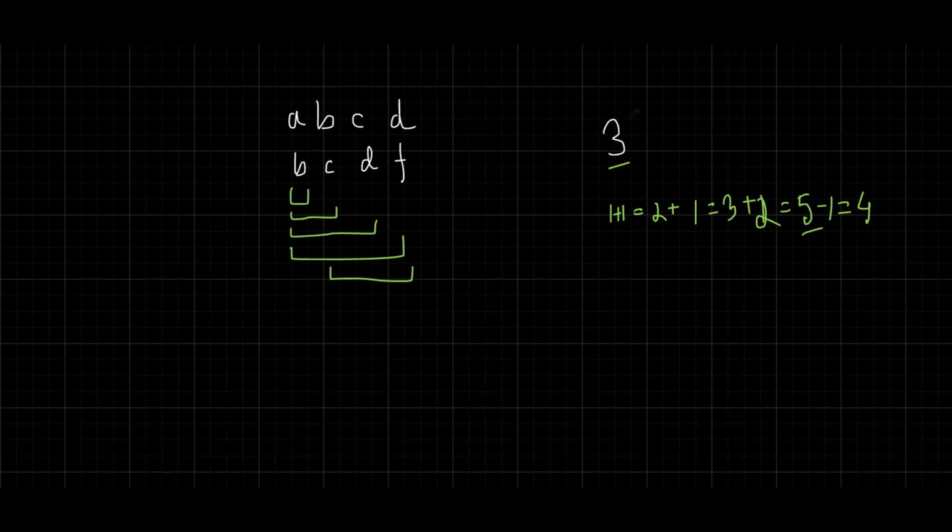Now, 4 is greater than 3, so we cannot consider this window. So again, we have to shrink the window here. And again, subtract 1 from 4, and it will become 3.